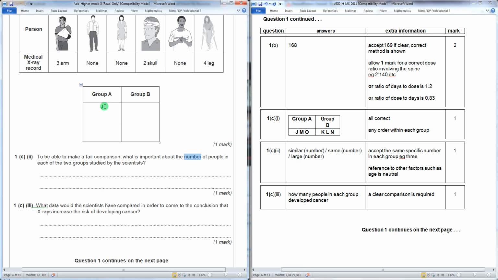That's not enough. We need to know that the difference is caused by the fact that the group A people have had the x-ray and the group B people haven't. Now, even when there is a link there, it might not necessarily be that there's a cause, but if you've got a large group of people for group A and group B, then you can be fairly certain that if group A have an increased cancer rate, then it's probably due to their x-rays.